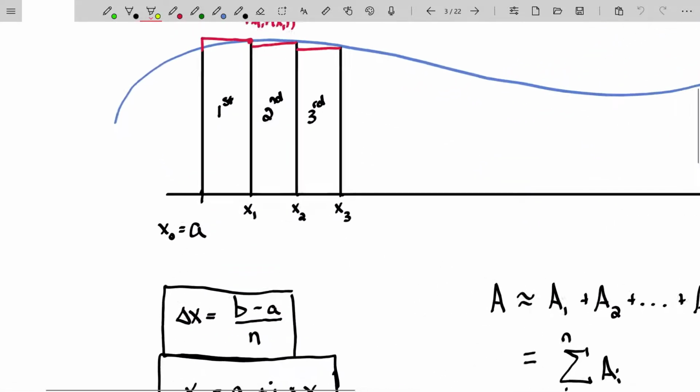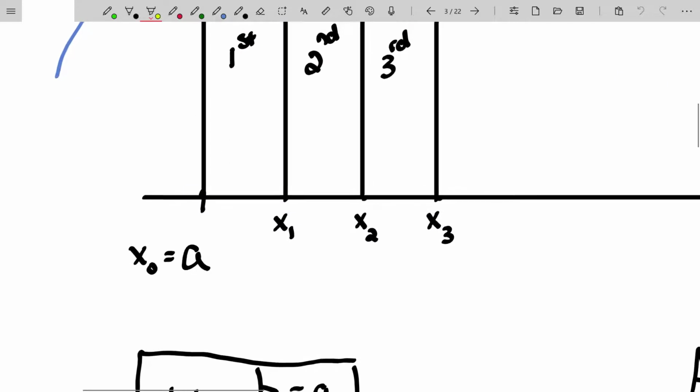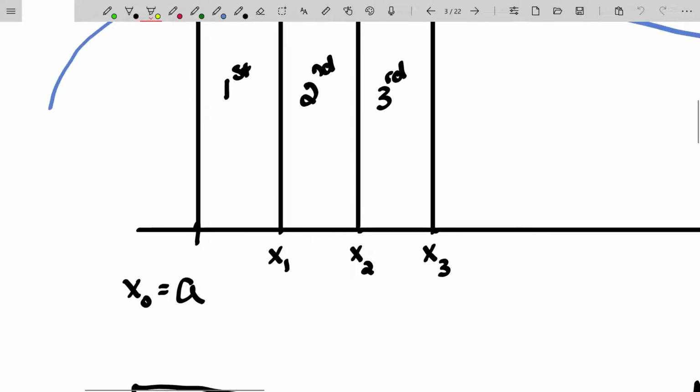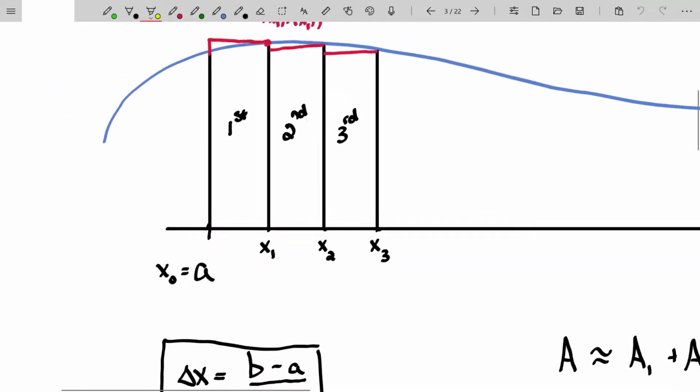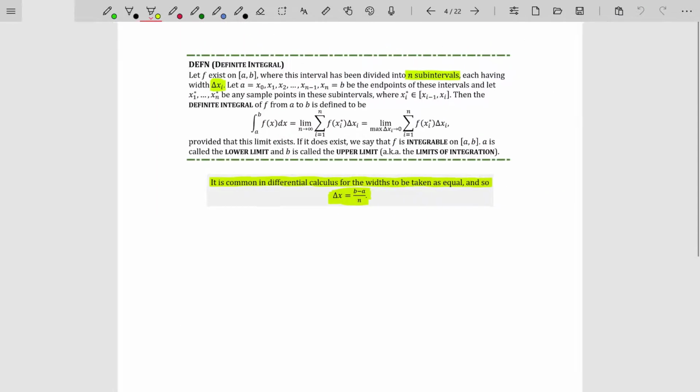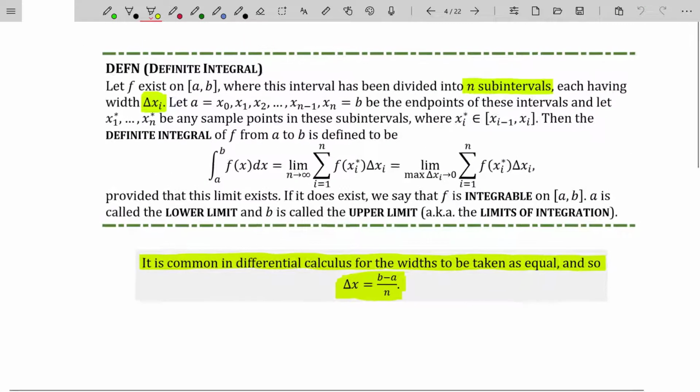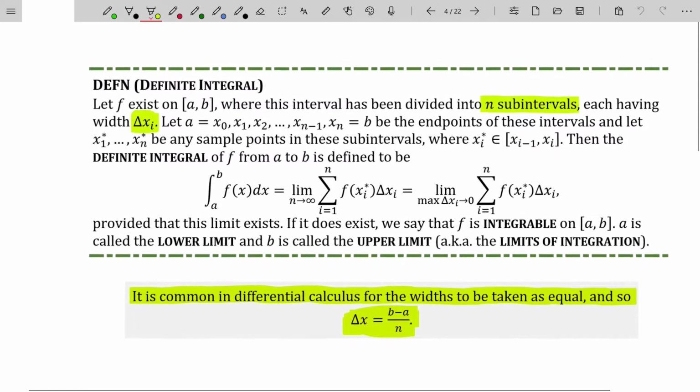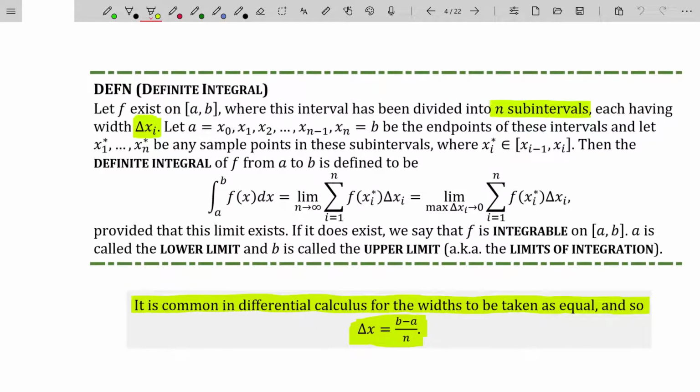The first interval has endpoints x naught and x1. The second interval has endpoints x1, x2, and so on and so forth. All right, let's see what else we have going on in this definition. We'll let x sub 1 star all the way to x sub n star be sample points in each of these subintervals.